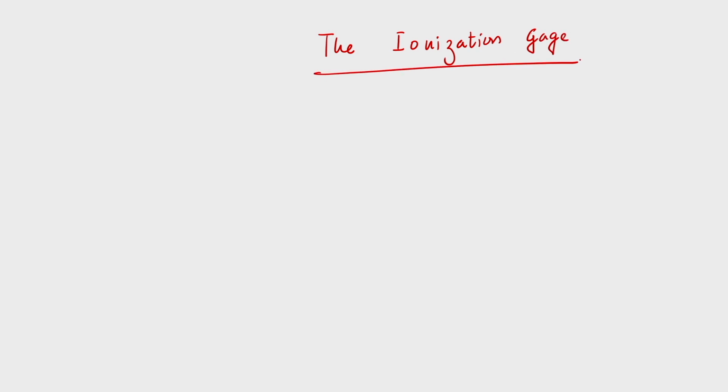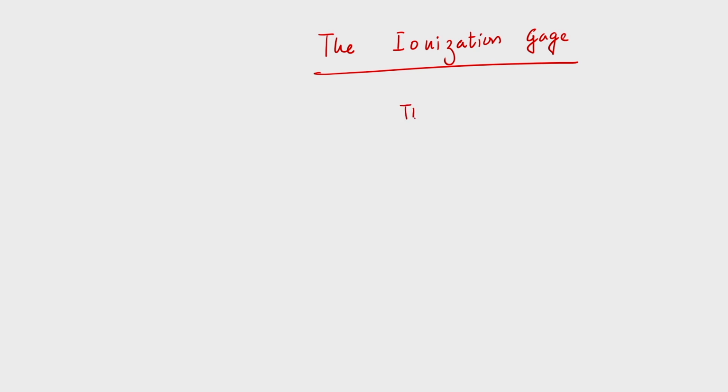So, the ionization gauge, as I said, is similar to an ordinary triode vacuum tube, where the tube is open to vacuum pressure, rather vacuum source. So, we will draw the schematic depiction.